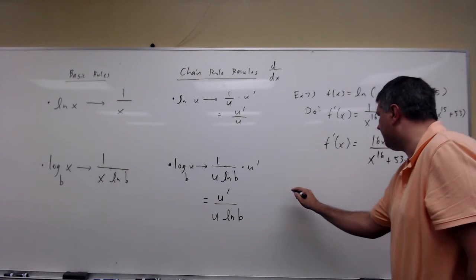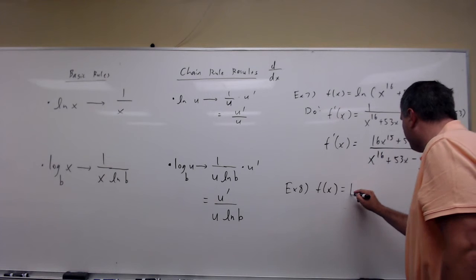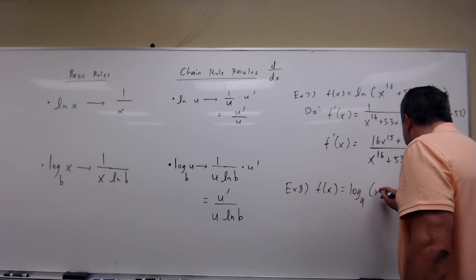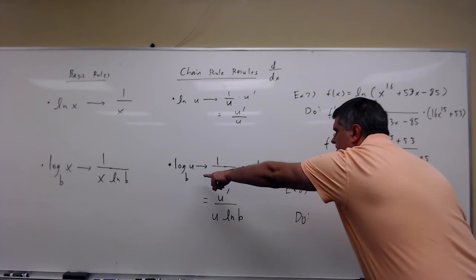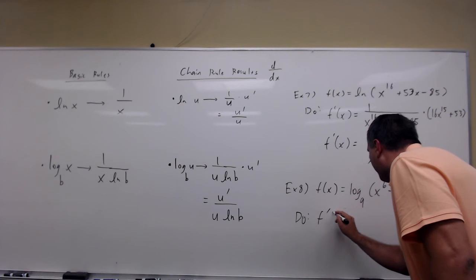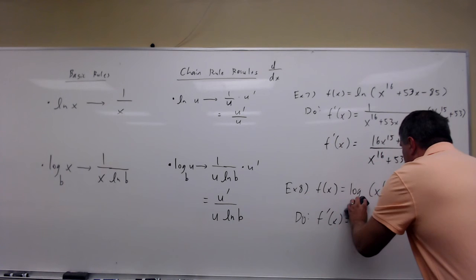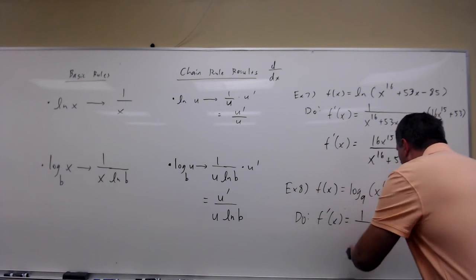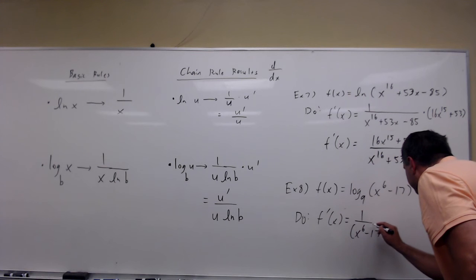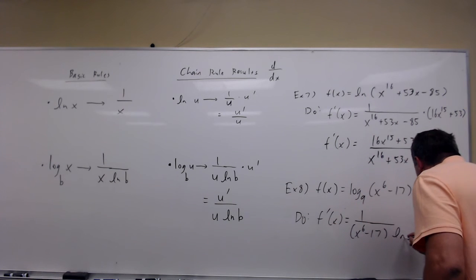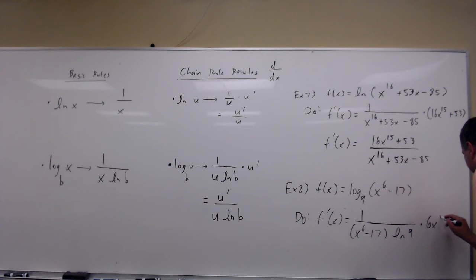Okay, example 8 is f of x equals log base 9 of x to the 6th minus 17. This is the rule that's appropriate in this case. f prime of x is 1 over the argument, x to the 6th minus 17, times the natural log of your base, 9, times the derivative of the argument, 6x to the 5th.